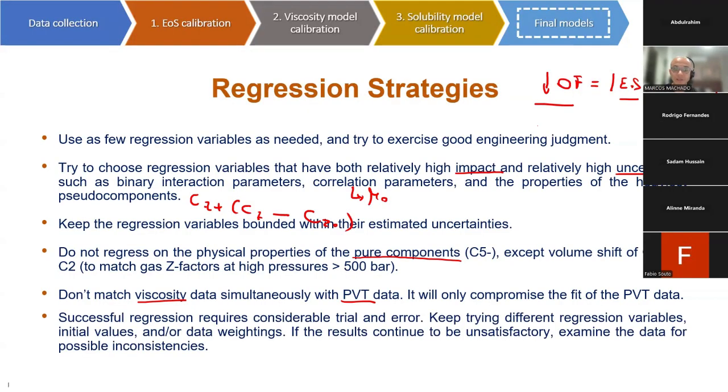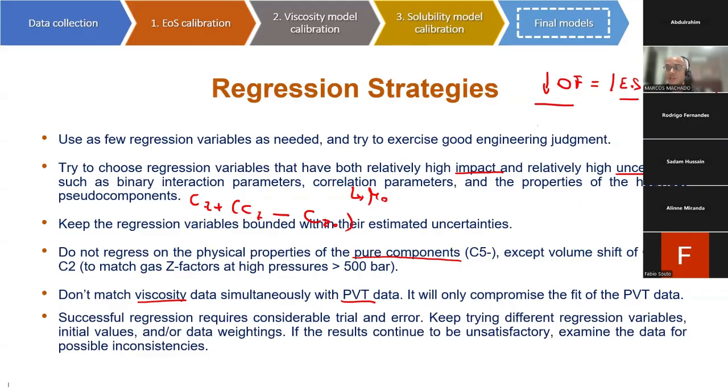In summary, this kind of exercise is a trial and error exercise. You need to do several steps, you need to try again, and you need to test different weightings. You can put weights on your variables, so you can say that saturation pressure is more important than Bo in my objective function.